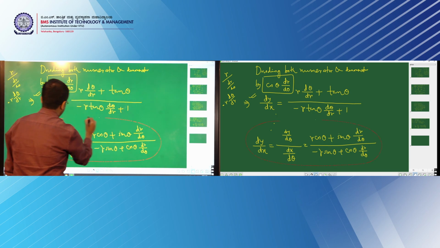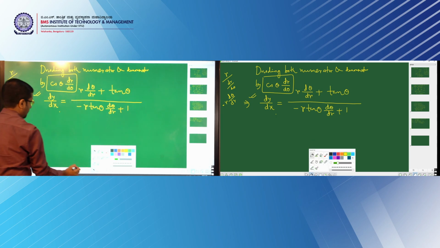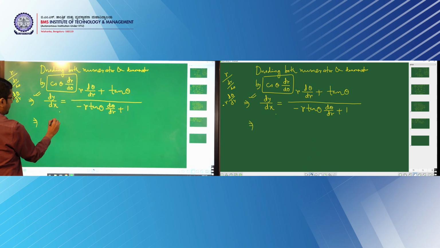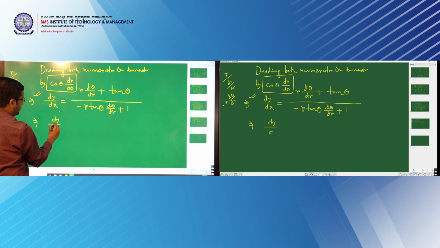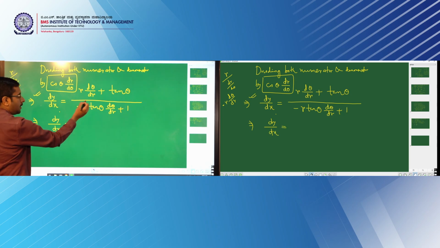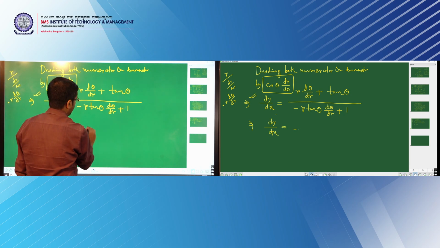Now here I am removing this expression. Now you see what will come: dy dx is equal to, whatever expression I got on the right hand side, you have to arrange it properly.